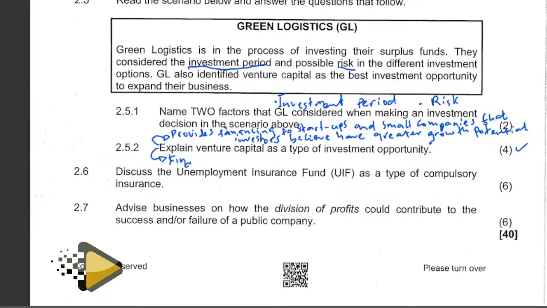Financing comes in the form of private equity and is a form of expertise.